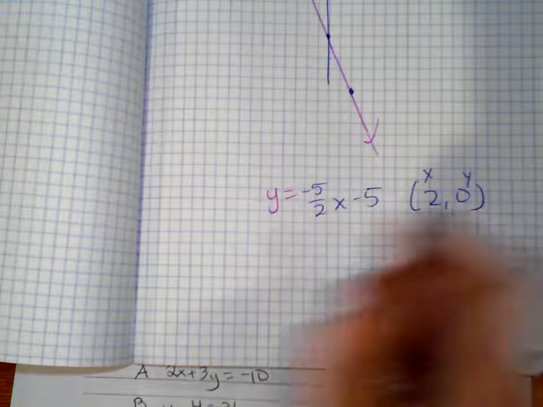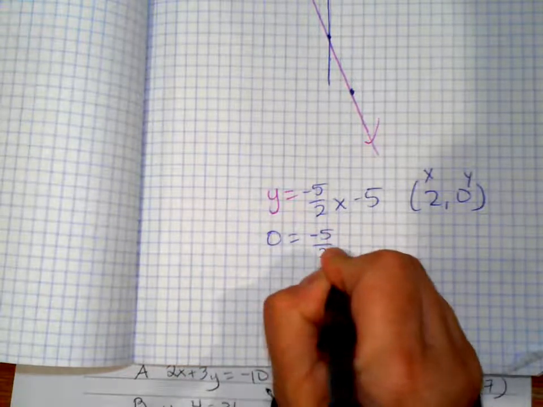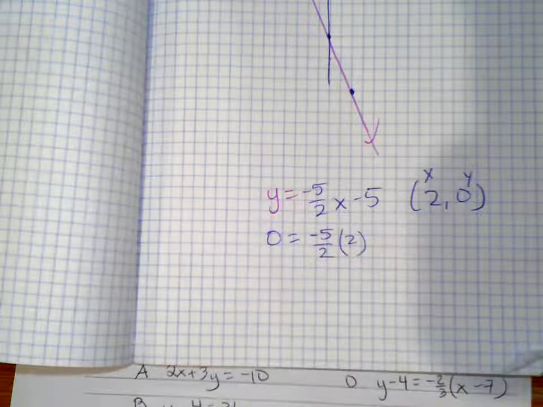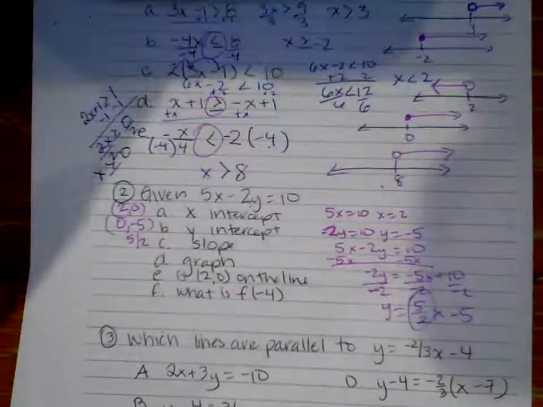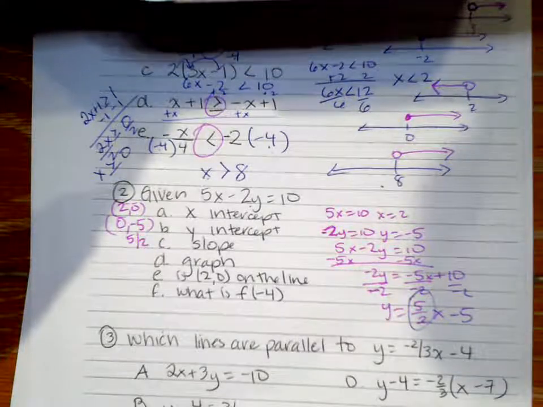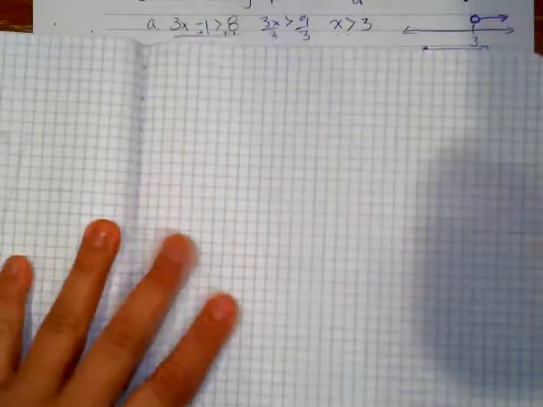Okay, so 0 is equal to negative 5 over 2 times 2. Sorry, did I make a mistake here? Is my slope positive 5 over 2? It is positive 5 over 2. Darn it. Scratch that. Fix that for you guys.